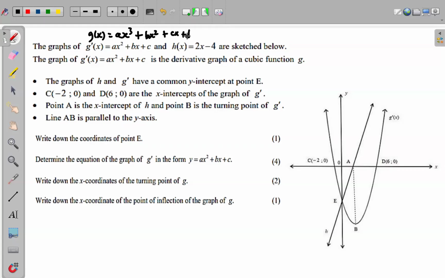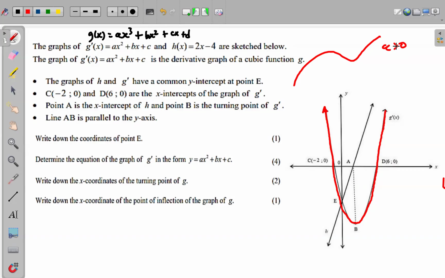So we are given the graph of the derivative, which is a parabola. And I want you to note again that this parabola is a happy face type of parabola, very much happy, which means our cubic graph should actually be increasing. In other words, a is positive in the cubic.